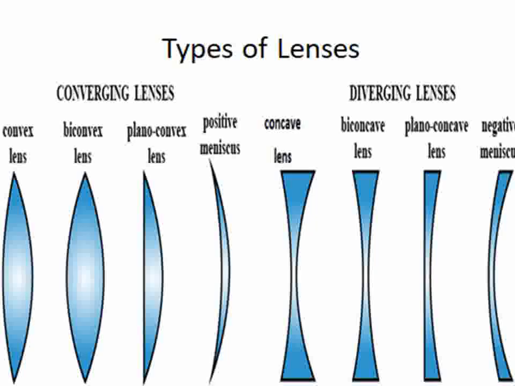Now let us come to converging lenses. The first is the convex lens, that is, the biconvex lens. Both surfaces are convex. And then if one surface is plane, the lens is called a plano-convex lens. The word convex shows that it is thin at the periphery or circumference and thick in the middle of the lens.